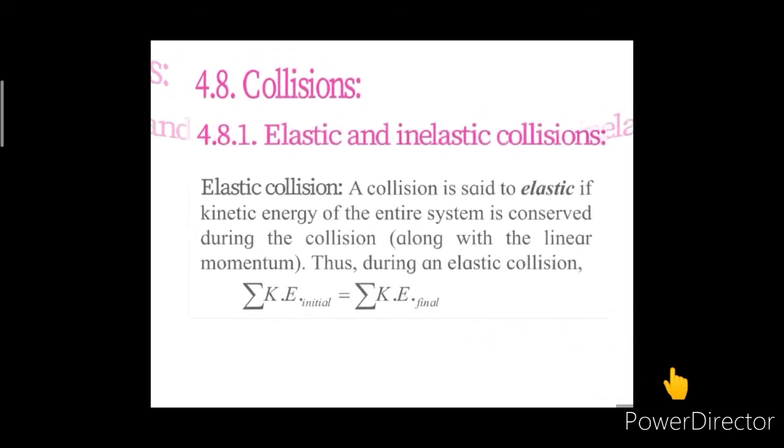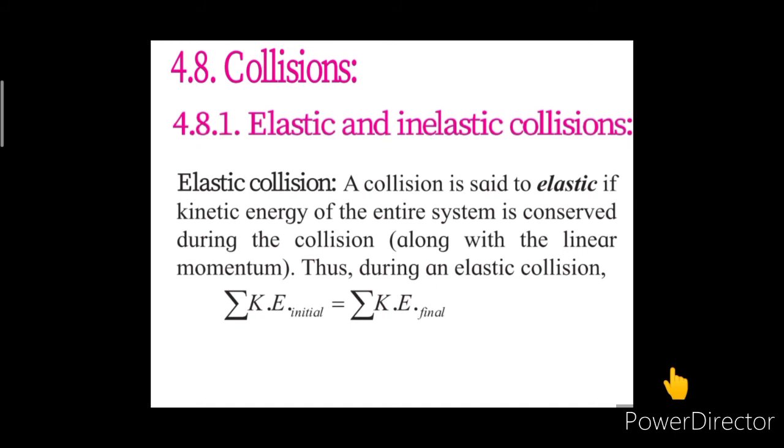Now, a collision is said to be elastic if the kinetic energy of the entire system is conserved during the collision along with the linear momenta. That means over here, as we had seen, the total linear momentum of the system is conserved. The total initial and final momentum is the same, and in a collision in which the total kinetic energy of the system before the collision and after the collision is the same, such a collision is said to be an elastic collision.